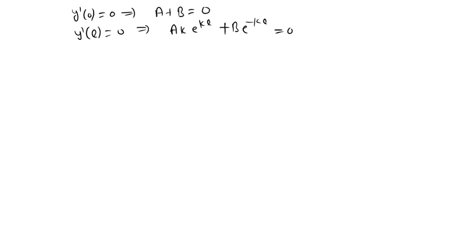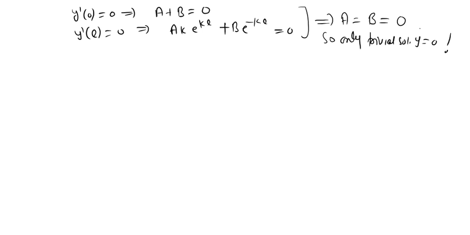So these two conditions will give you a equal to b equal to 0, so only the trivial solution y equal to 0. So there are no eigenvalues for lambda negative.